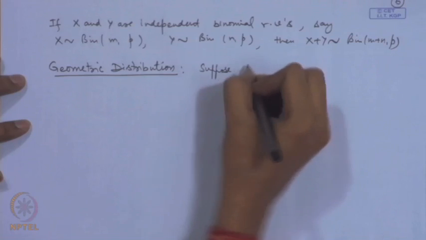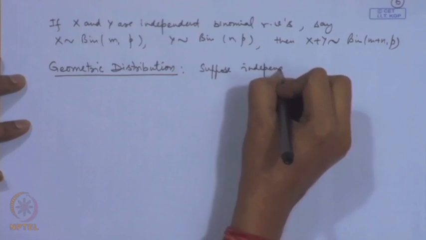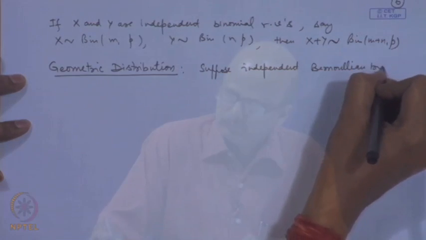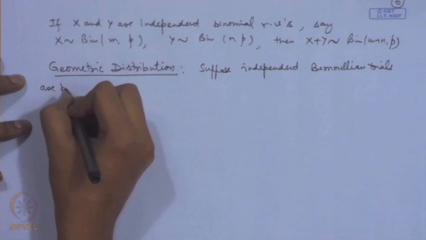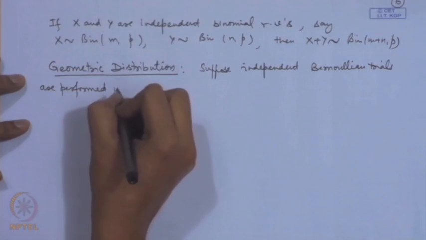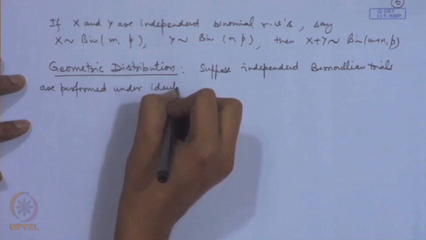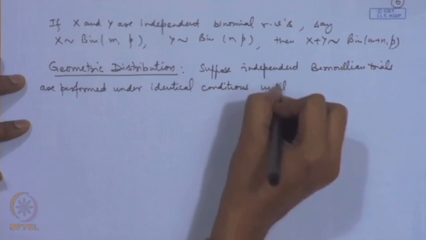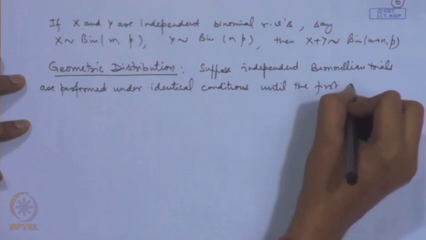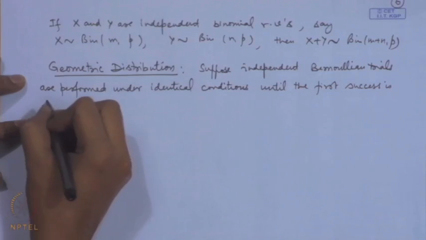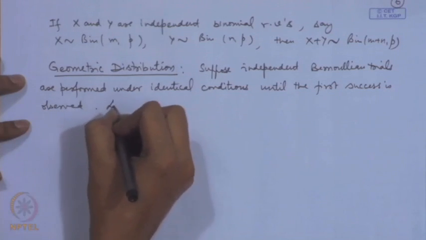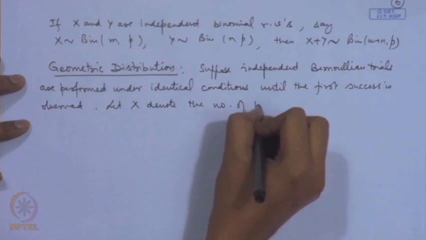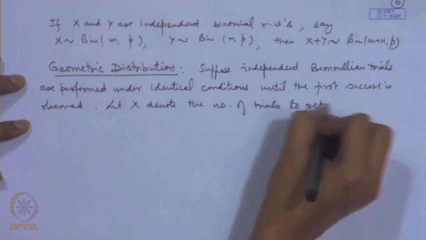Suppose independent Bernoulli trials are performed under identical conditions until the first success is observed. Let x denote the number of trials to get the first success.